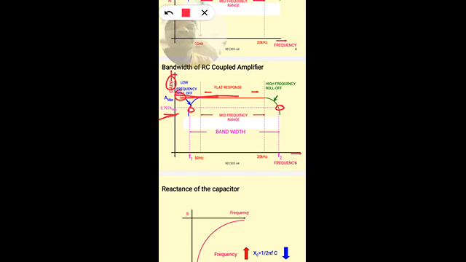This is the maximum gain, Amax, and this point corresponds to 0.707 times the maximum gain. The frequencies corresponding to the gain of 0.707 times the maximum gain are called cutoff frequencies.